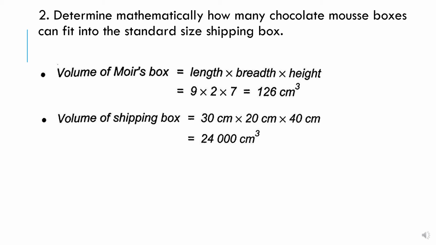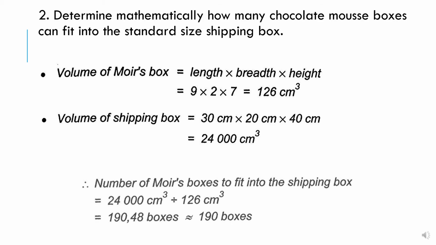And for the volume of the shipping box, remember we have to just use the dimensions in centimeters, right? So we take 30 times 20 times 40, and that gives us 24,000 cubic centimeters. Now, how many of the boxes can we fit into the shipping box?